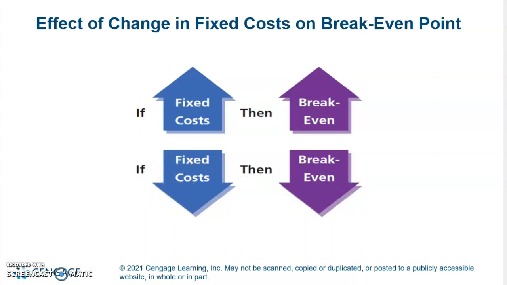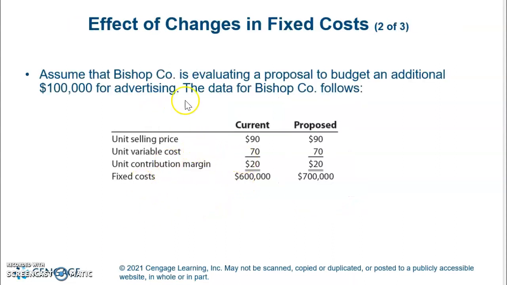So here we see that we're wanting an additional $100,000 for advertising. So your unit contribution margin is still going to be $20 because this is going to be a fixed cost. But now your fixed cost is going to go from $600,000 to $700,000.